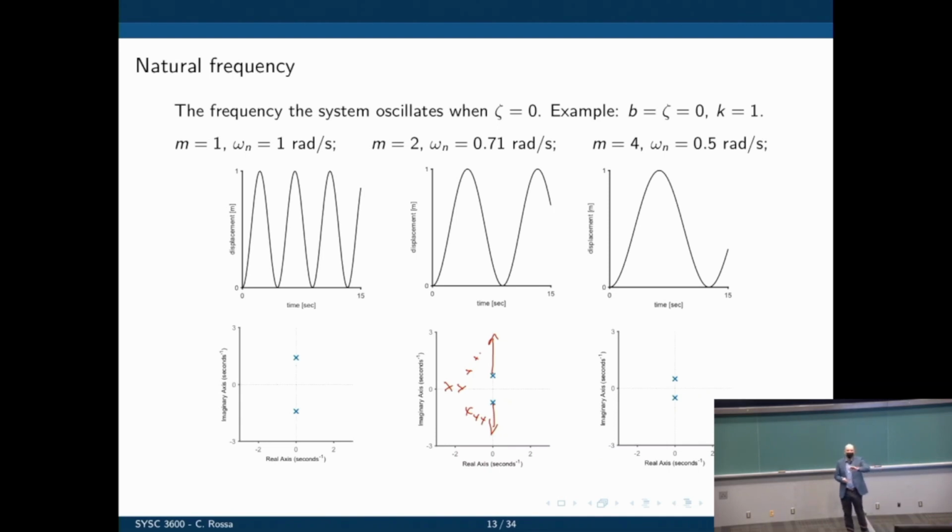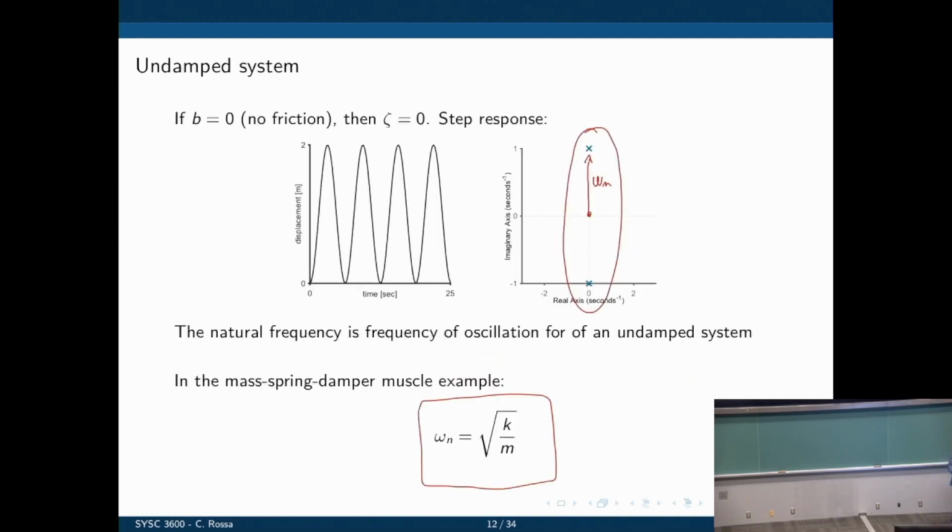The poles are on the left side of the S-plane, which means that in time domain, all exponentials that come from this real part of the pole decay to 0, and the oscillations eventually stop, except for the case of an undamped system, which is this one, where the damping ratio is 0. Nothing is there to decay, to make the energy dissipate.